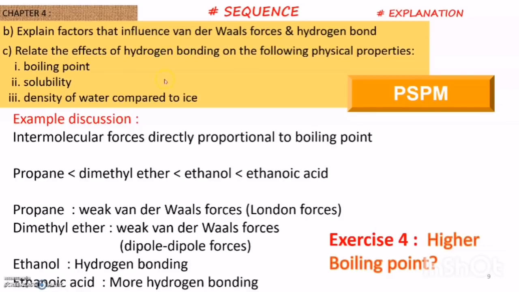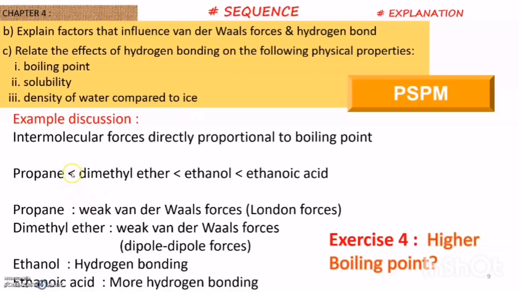Ethanoic acid has more hydrogen bonding. So we already know hydrogen bonding is a stronger intermolecular force than dipole forces. So in this case, ethanoic acid has the highest boiling point, followed by ethanol, followed by dimethyl ether, followed by propane.